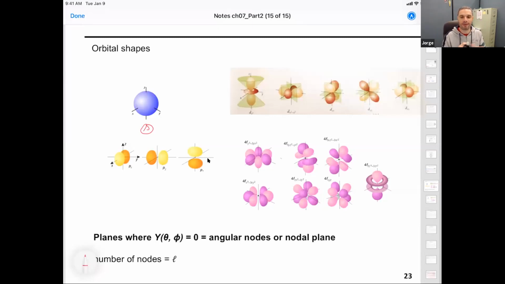Those are the 5 different d orbitals. And for the f orbital, we have 7 possibilities, and they are all drawn here. Okay.